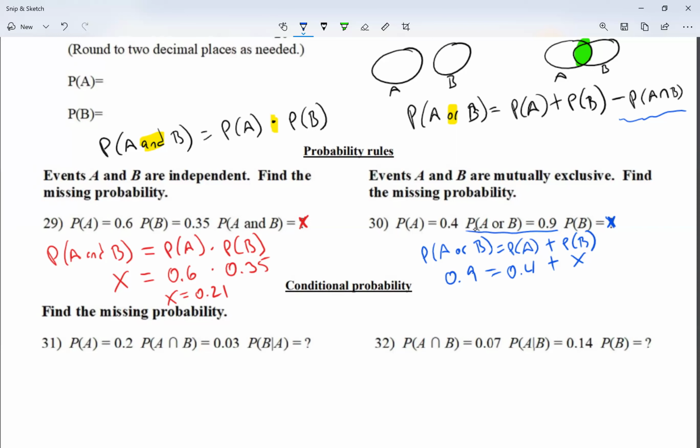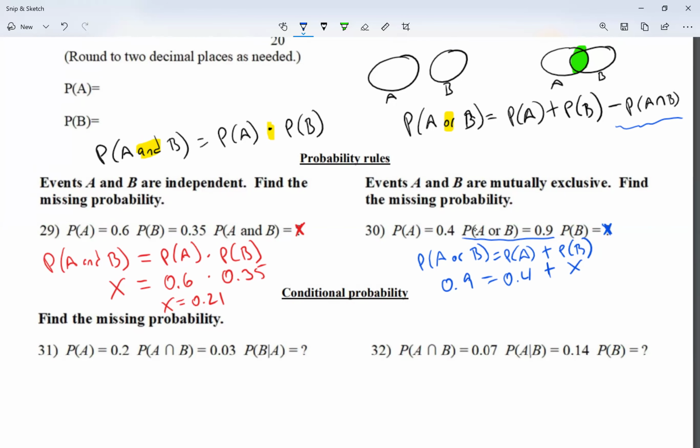I'm not going to divide or multiply. In this case, I'm dealing with pluses, so what's the opposite of addition? Subtraction. Let me move this 0.4 to the other side as minus 0.4. So I get 0.5 equals X. That was not bad.